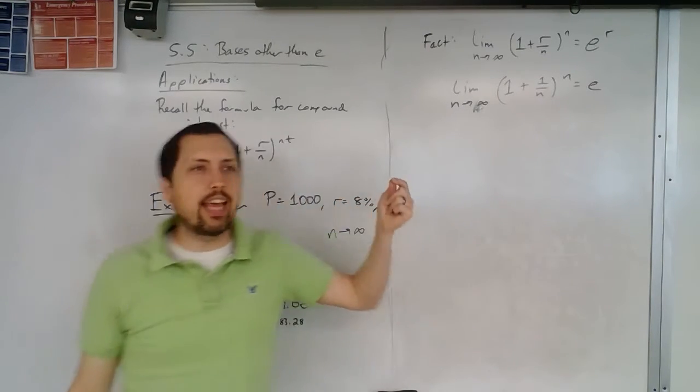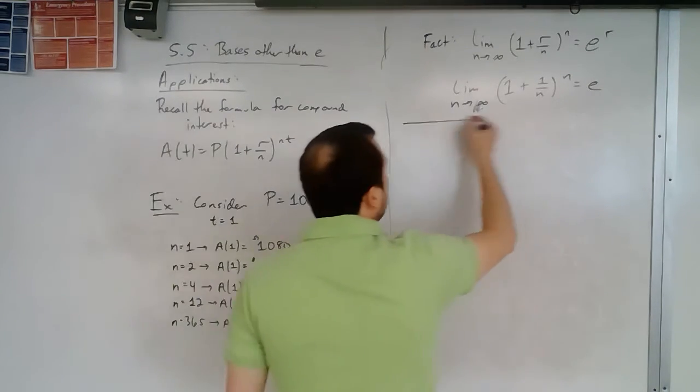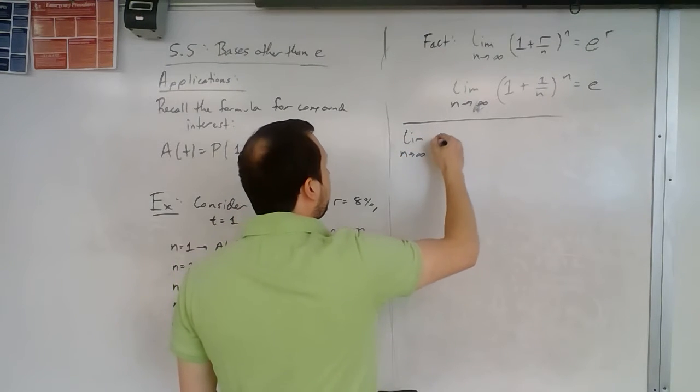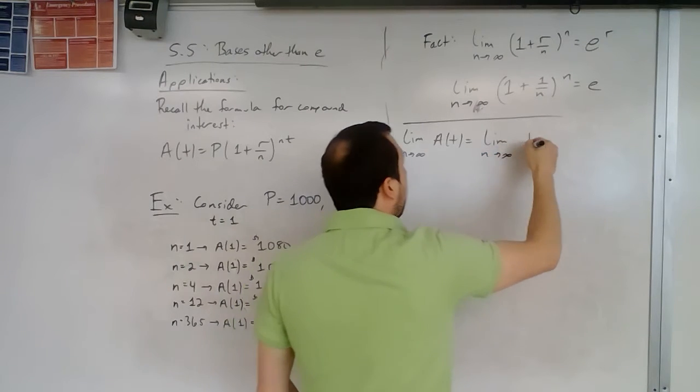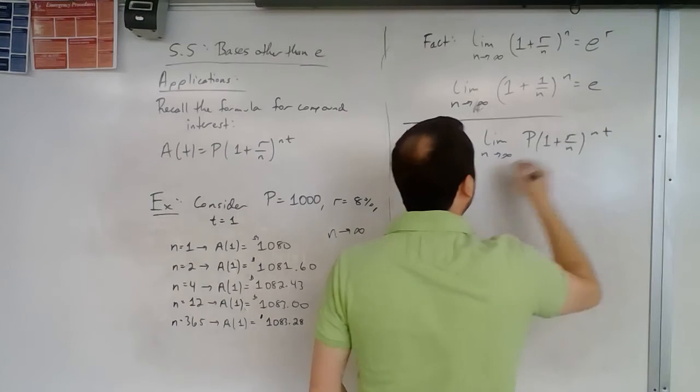So how does this relate to our compound interest formula? Let's take a look at some limits. If I take the limit as n tends to infinity of A of t, this is the limit as n tends to infinity of P times (1 plus r over n) raised to the nt.